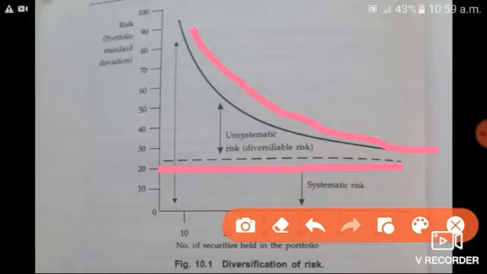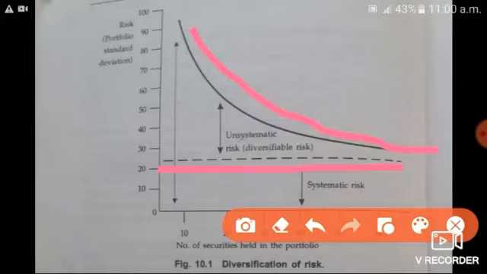So we saw two reasons why diversification is not productive when the number of securities increases. The first reason was that we are including securities which have more than zero correlation. Only if we include securities which have negative correlation can the risk be eliminated to zero, but in reality, there are no negatively correlated securities.